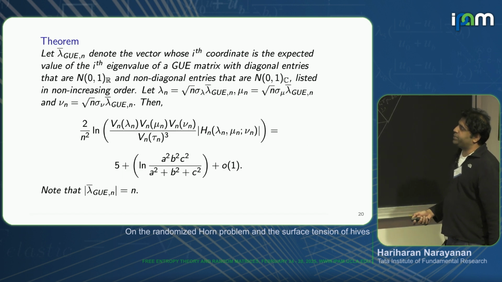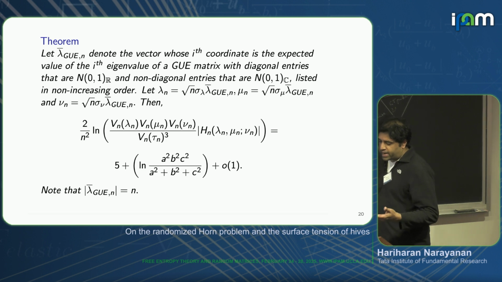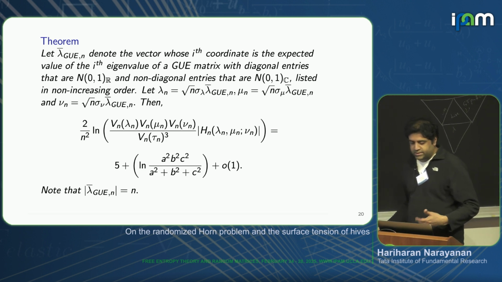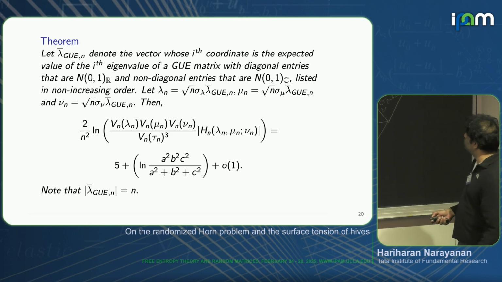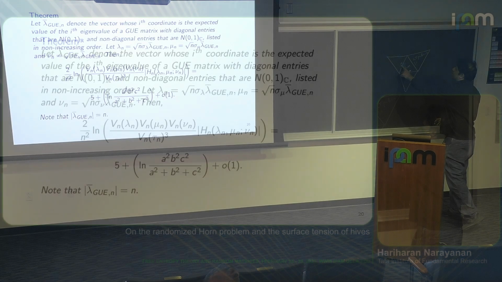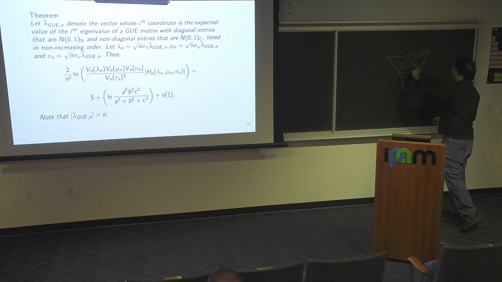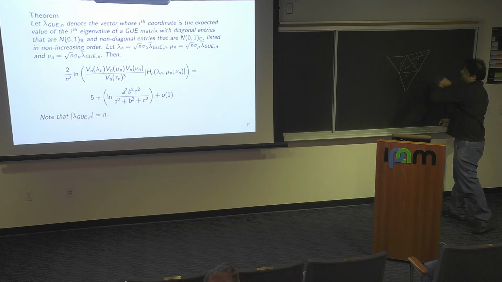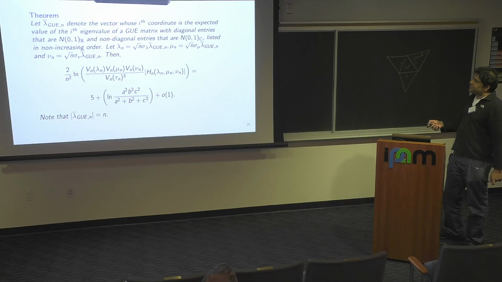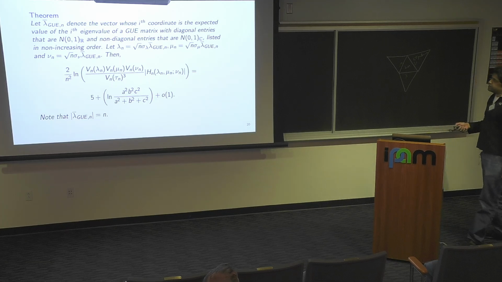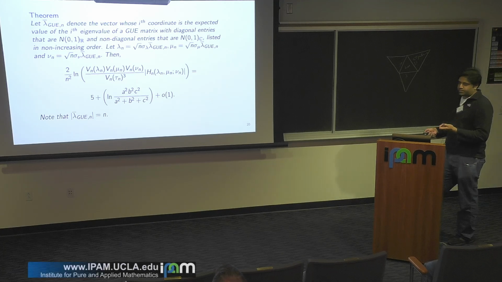And secondly, because the GUE eigenvalues concentrate around the semicircle, when you look at the histograms, it tells you that if you were specifically to choose lambda, mu and nu from the expectations of the GUE matrix eigenvalues, then you do in fact achieve this up to little o(1). So this entropy is actually achieved up to little o(1).